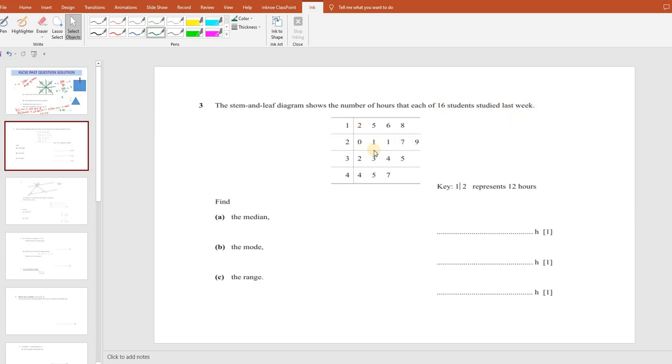So the data we have here is 16 data. How do we extract the data from the stem and leaf diagram? The stem and leaf diagram is a tabular form of presenting data. So we can extract our data from the stem and leaf as follows.